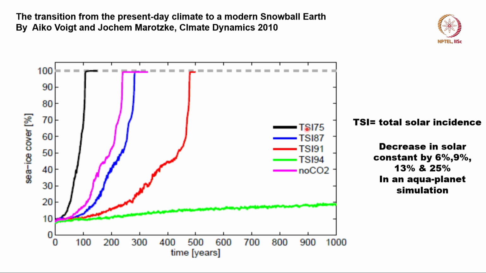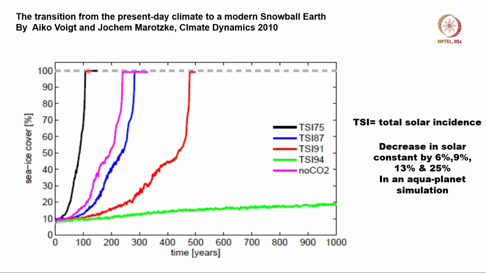75 means 25% below the present value of 1364 watts per meter squared. If we reduce the solar incoming radiation by 25%, this model says, for an all-ocean-covered Earth, a simple model, that within 100 years the ocean is completely ice covered.